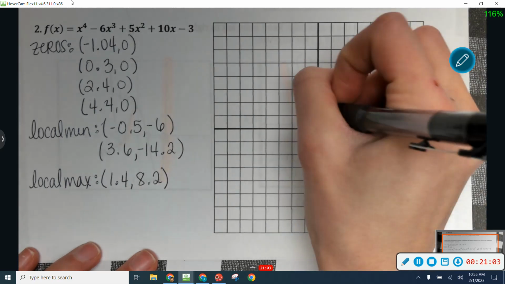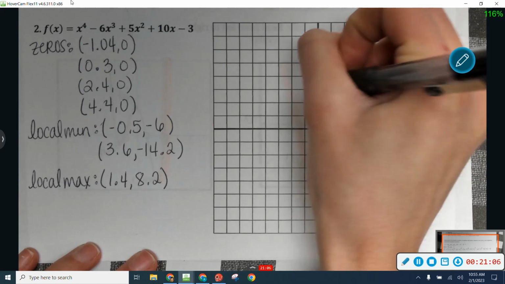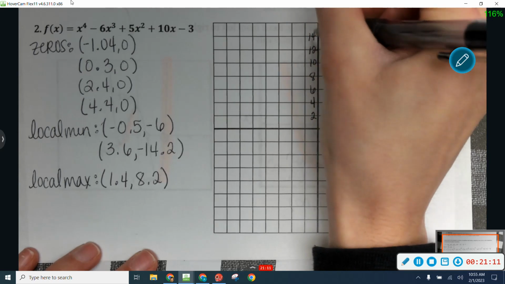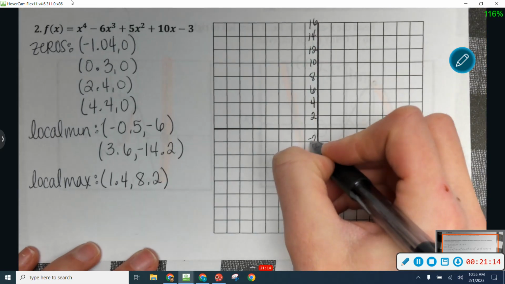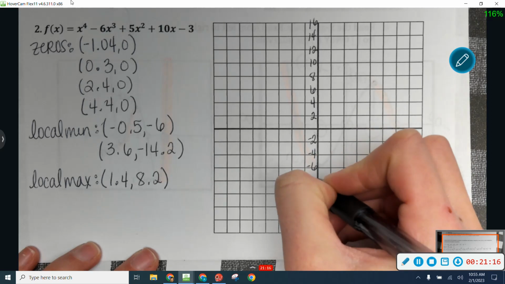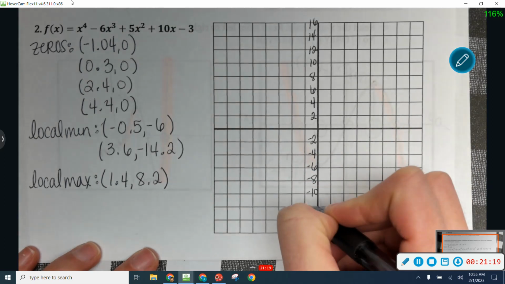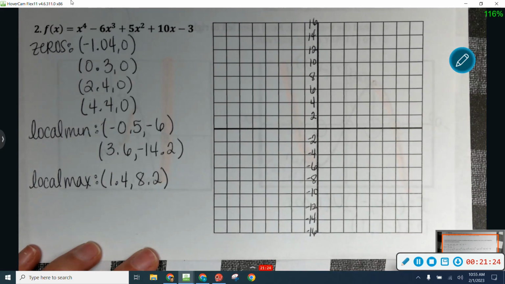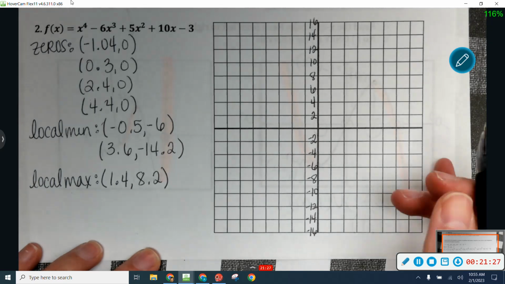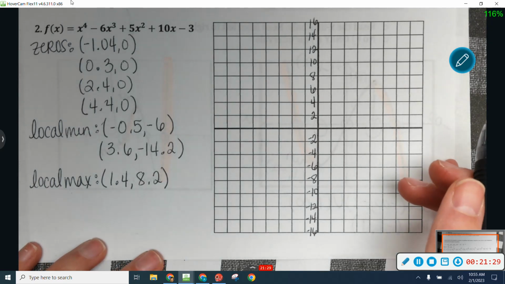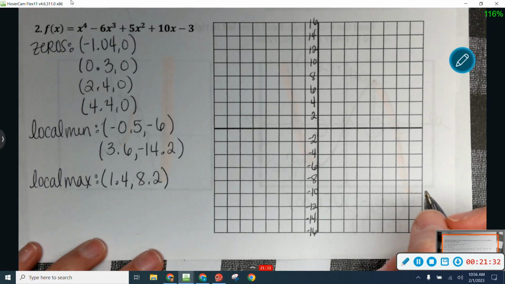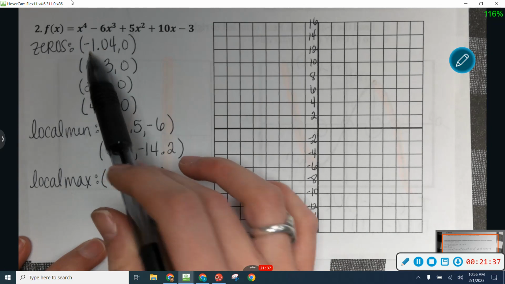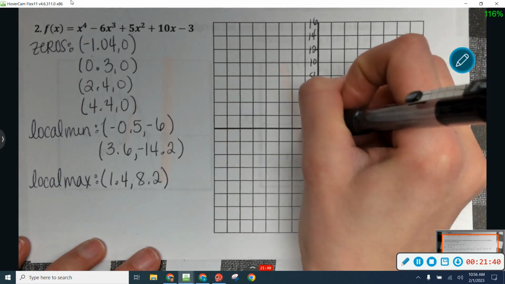Okay, so I'm going to do, if you change your scale, please make sure that you put it on there. And my x's I'm going to leave, unless you wanted to change those. It's up to you. Okay, so for here, I've got a 0 at negative 1.04.